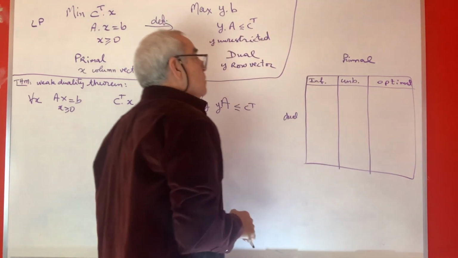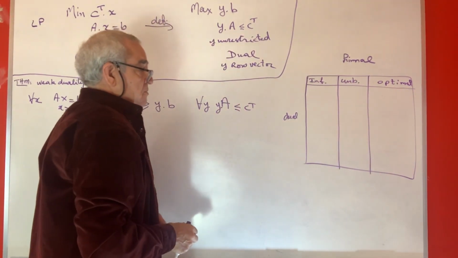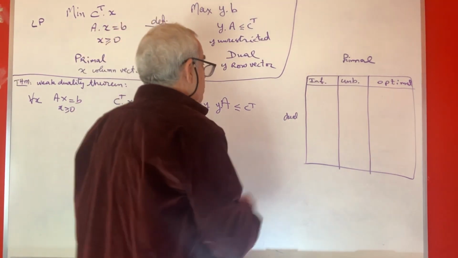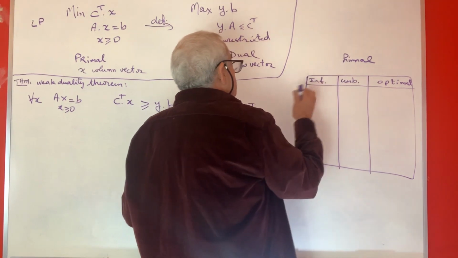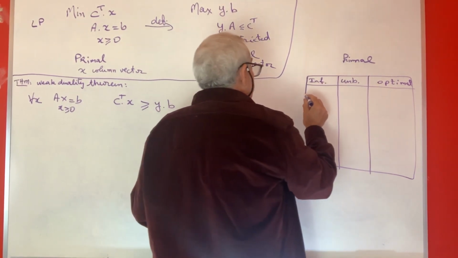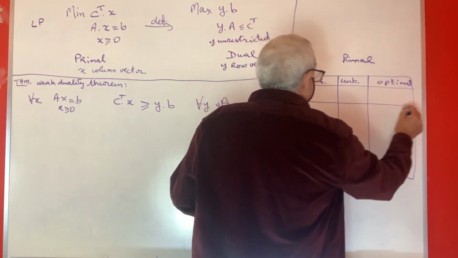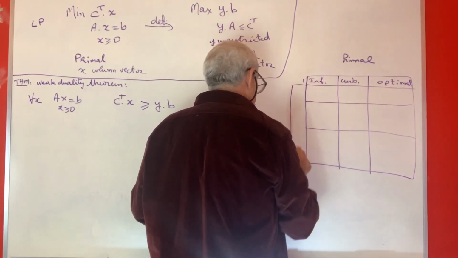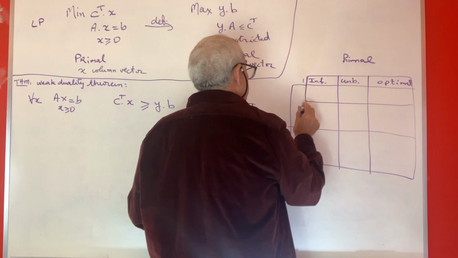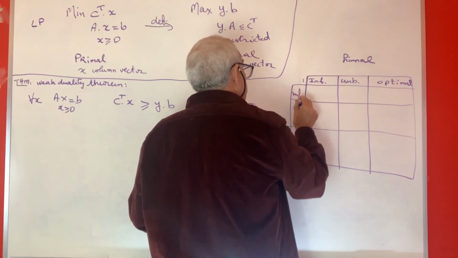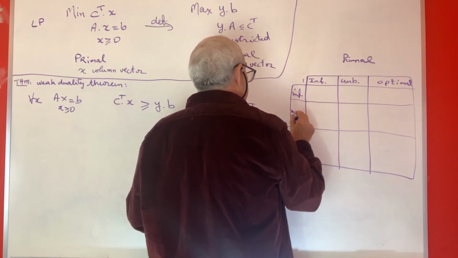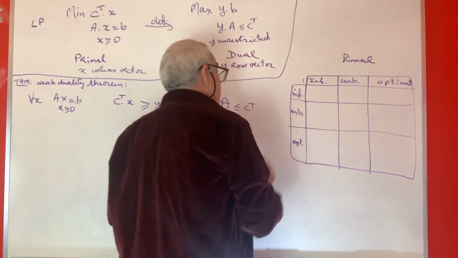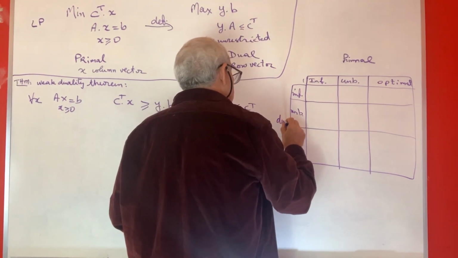We saw that when we did the simplex algorithm. There are three states for a linear program, and the dual is the same thing. So it could be infeasible, unbounded, and optimal, and that's the dual.